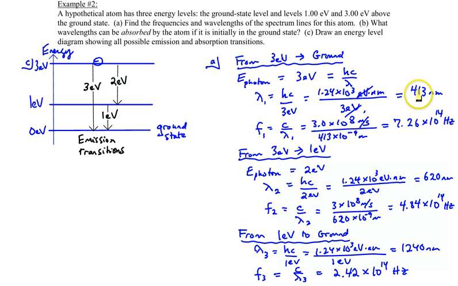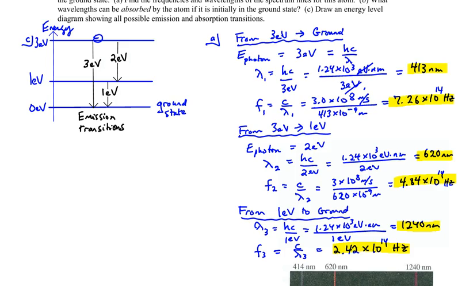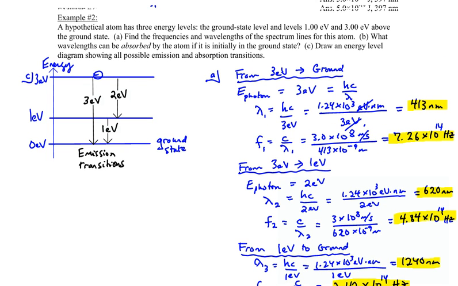And there you go. You have these wavelengths: 413 nanometers with this frequency, 620 nanometers with that frequency, and then 1240 nanometers and the last frequency. So 3 different lines that you should see. And that's what is shown in this picture down below, where you have 1240, 620, and 414.